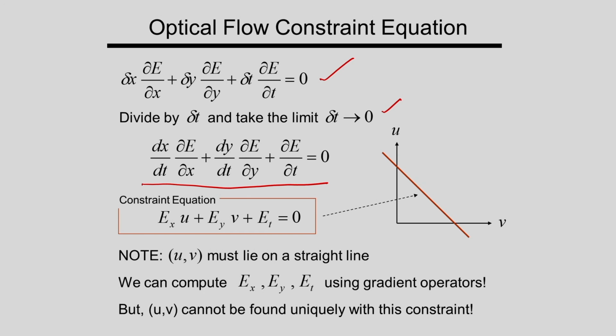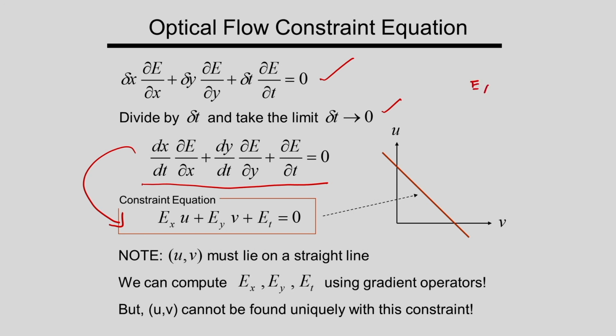So I have to divide by delta t, and this equation can be represented like this: Ex u plus Ey v plus Et is equal to 0. So what is Ex in this case?